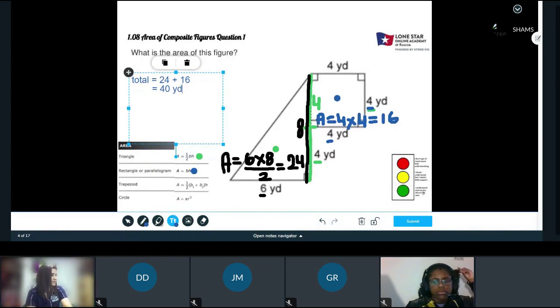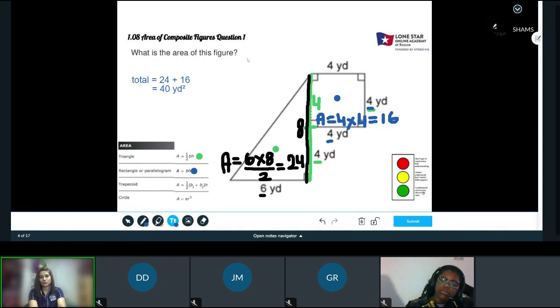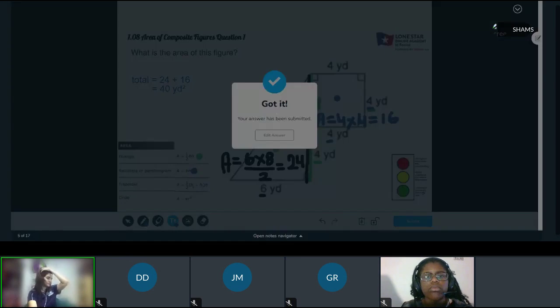And here is the symbol. Because area is always supposed to be in squared units, the total will be 40. Are there any questions? If there are no more questions, we will move on to the next version of question 1.